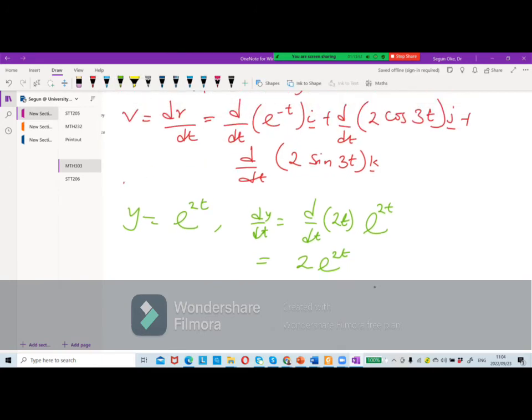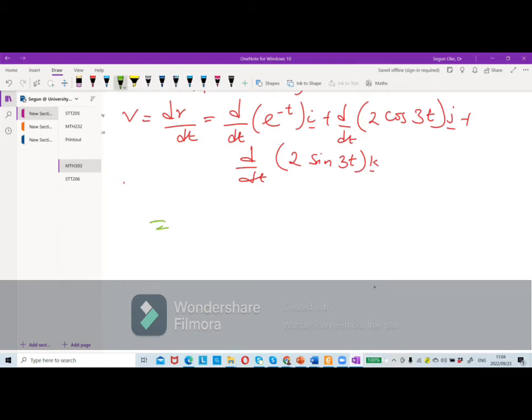So in this case, you agree with me that we can now use this to differentiate the exponential the way we did the other time. So here we have, let me use our pen. Now differentiate this, we have minus exponential minus t i.